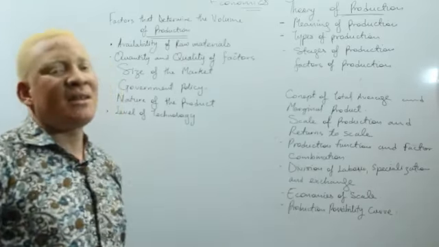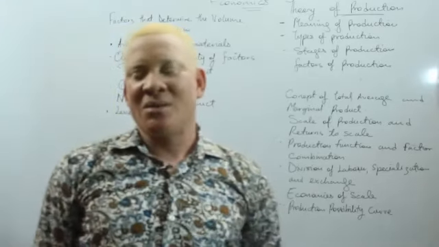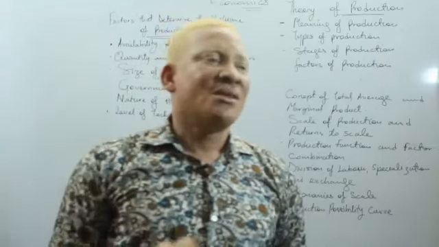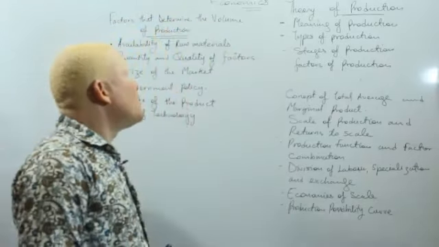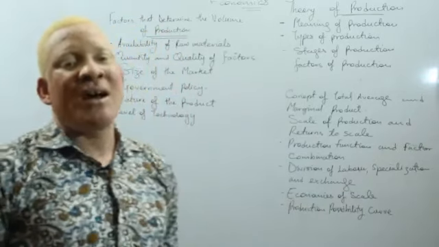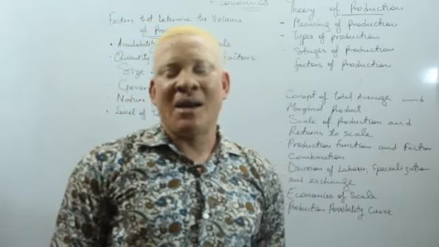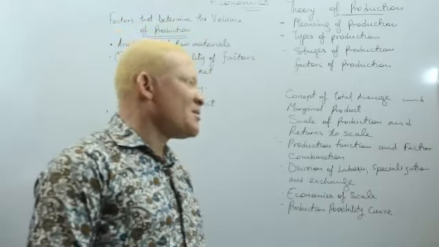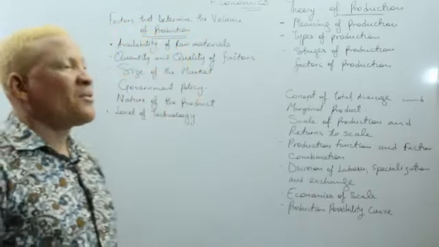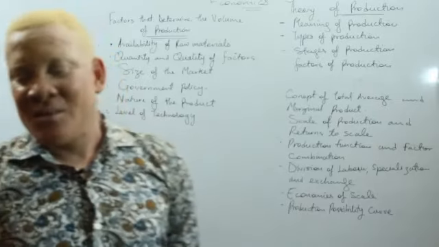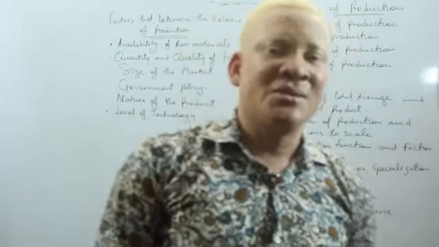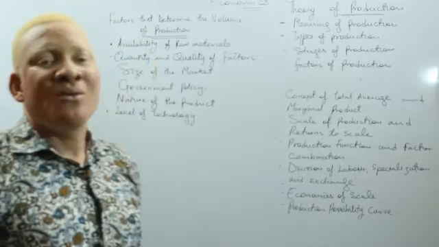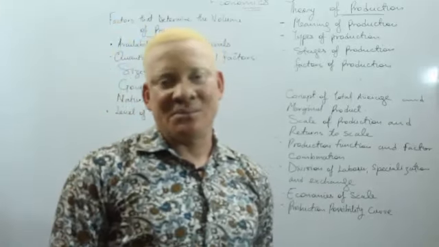Availability of raw materials: the raw materials generally here refer to the production inputs, which look at all the factors of production. How well are they available? If they are available, then in what quantity and what quality? The quantity will determine your scale of production, but the quality will determine how efficient they become.